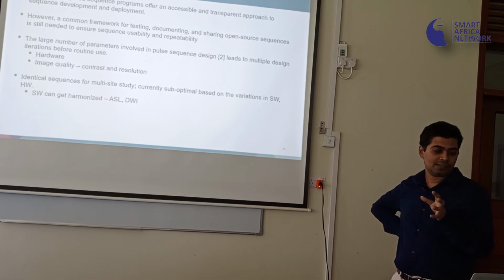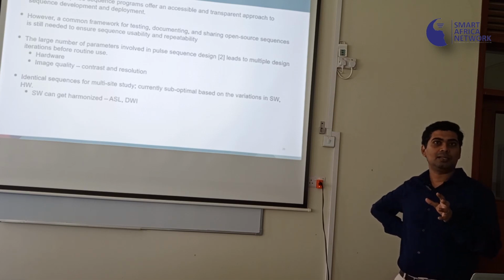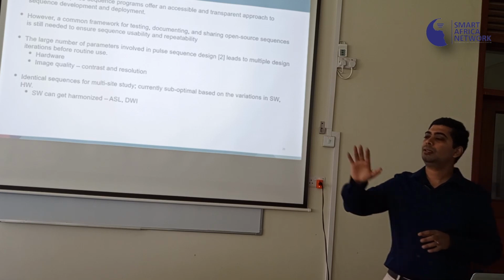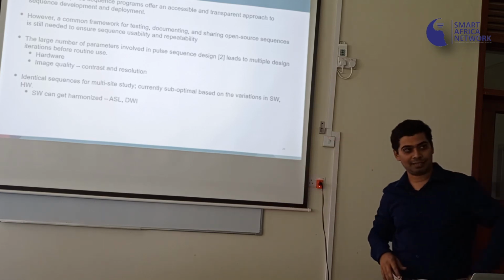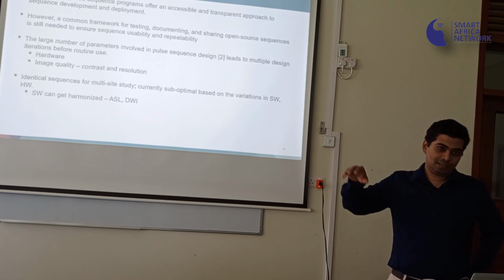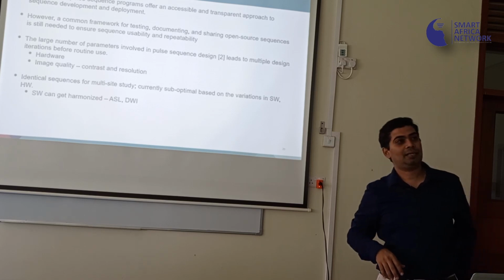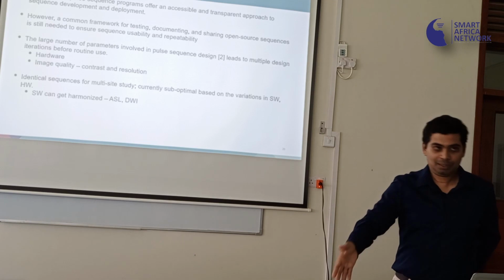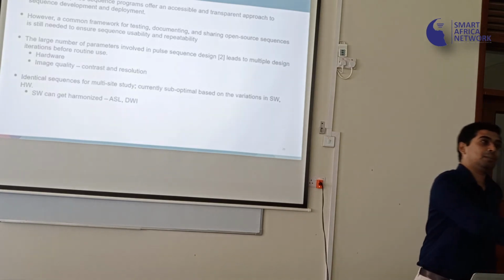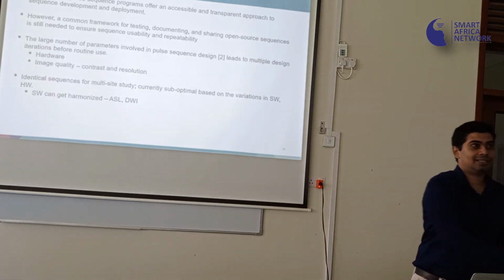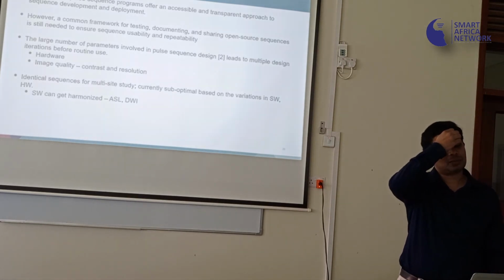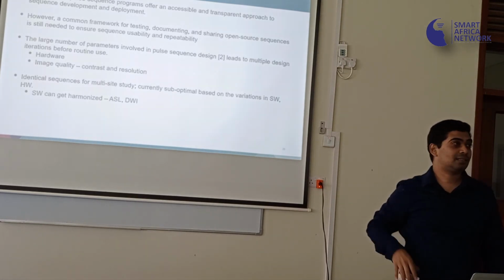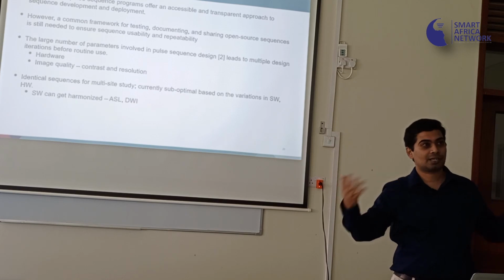And for different kinds of sequences, here's the problem. Siemens has a scanner, GE has a scanner, Philips has a scanner. But the person who's going to get scanned might be in Entebbe one day and then maybe in Mbarara the next. Just because he moved from a Siemens to a GE scanner, if he doesn't get the same sequence and the same kind of study, it's tough to compare between scanners.